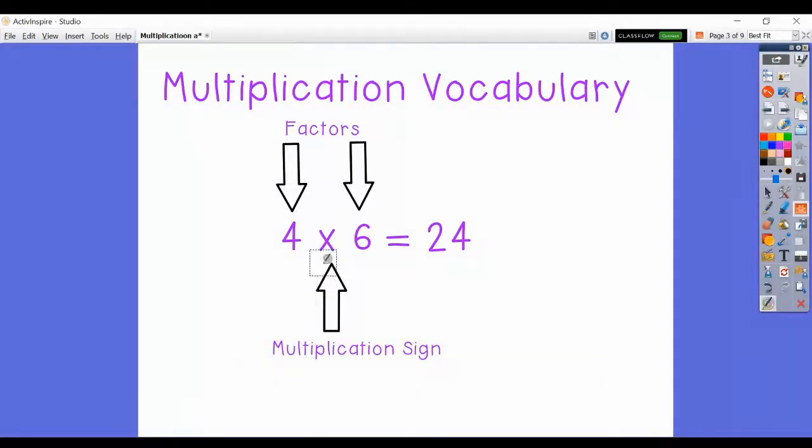You can also see a dot in the middle of two numbers or a parentheses. However, for our examples, we are only going to be using the x today. And then the last part of this multiplication statement, the 24, the answer, is called the product. So the product of 4 times 6 is 24.